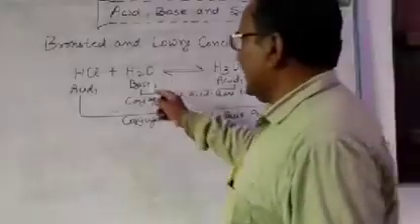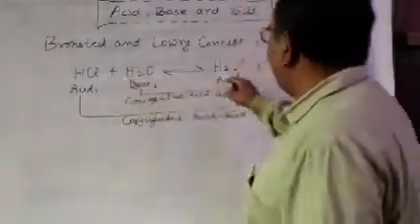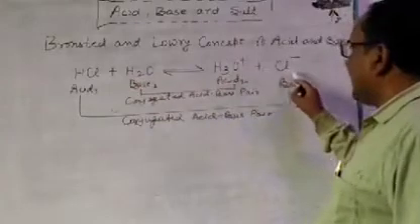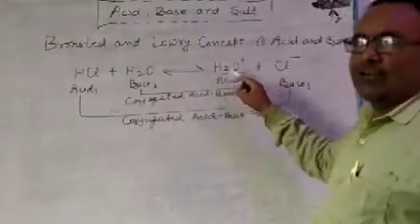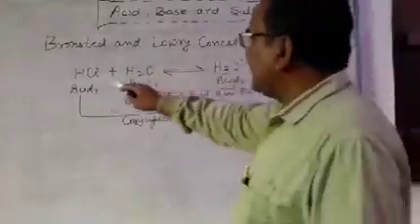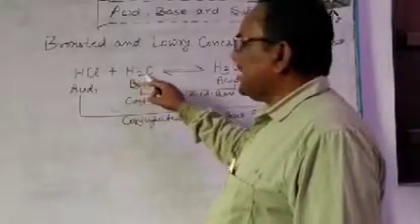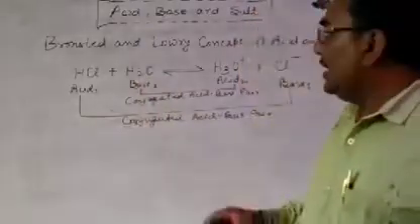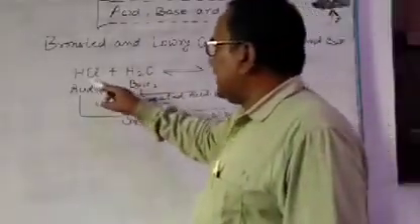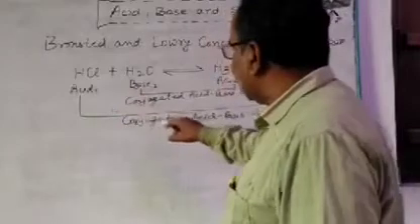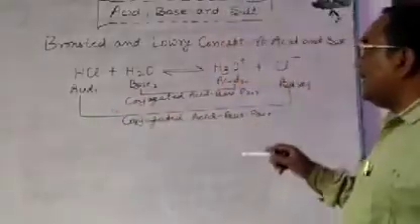In this case, HCl plus H2O gives H3O plus and Cl minus. H3O plus is hydronium ion. So HCl donates H plus ion, which has been accepted by H2O. So HCl is acid, and its conjugated base pair is Cl minus ion.